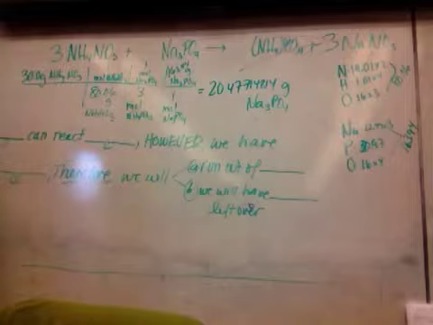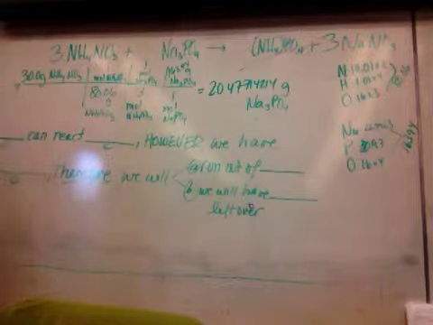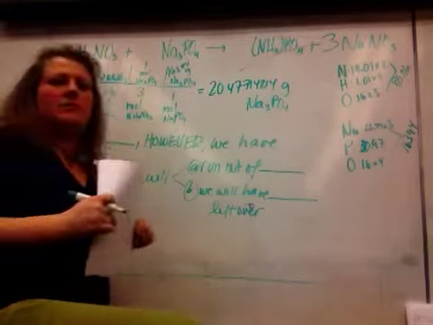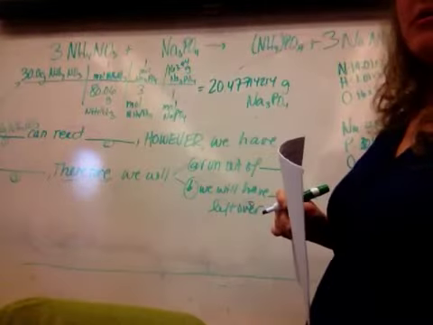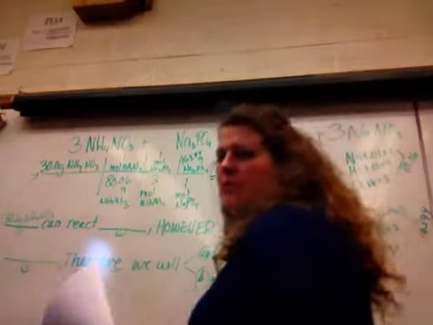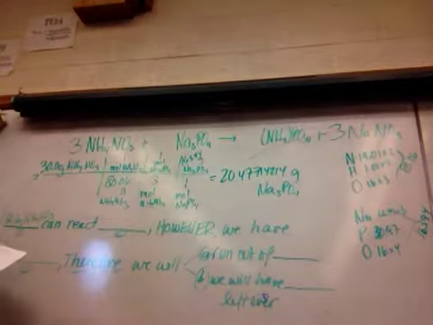So, the thing that goes in this first square is the given that you started that factor label with. So in this case, we're saying 30 grams of ammonium nitrate can react.